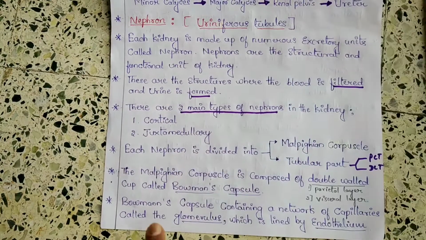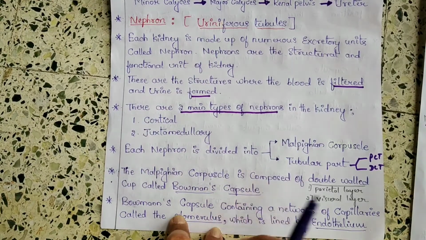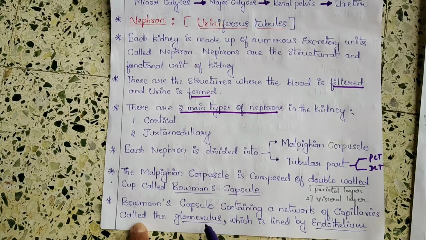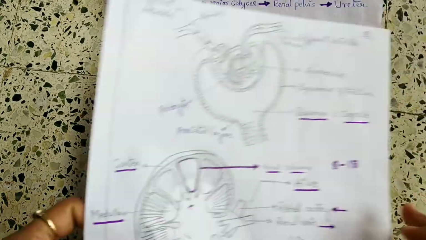And this Bowman's capsule contains a network of capillaries called the glomerulus, which is lined by endothelium. You can look at the diagram here.